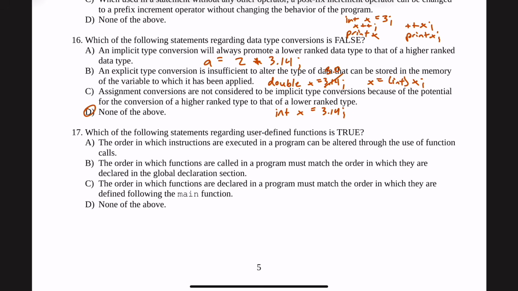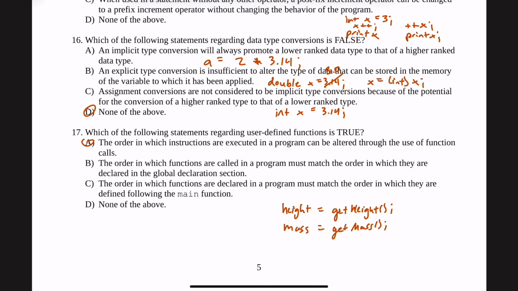Question 17. Which of the following statements regarding user-defined functions is true? A. The order in which instructions are executed in a program can be altered through the use of function calls. So this one is going to be true. Let's say our program is going to ask the user for a height, and then we're also going to ask for a mass.